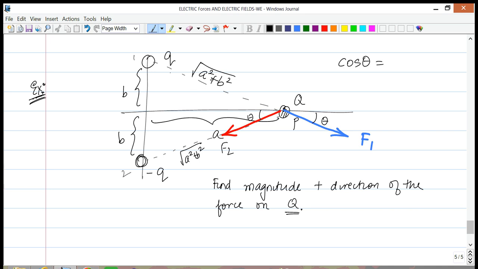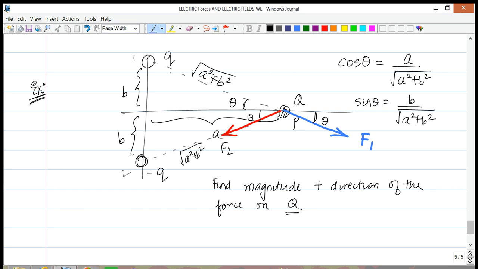If you look at this triangle, the angle theta is also out here. Relative to the angle theta, A is the adjacent side and we have the hypotenuse. So cosine theta is equal to A divided by the square root of A squared plus B squared, and sine theta is equal to B divided by the square root of A squared plus B squared.